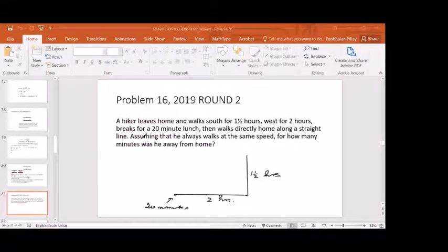Then they say he walks directly home along a straight line. So from here, he walks along a straight line, with no rivers or forests or any obstacles along the way.